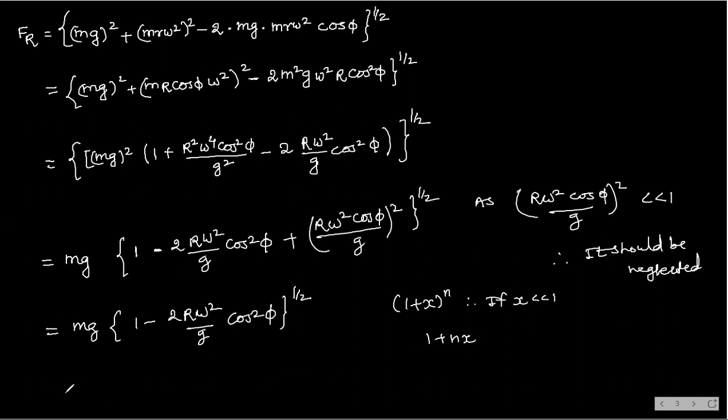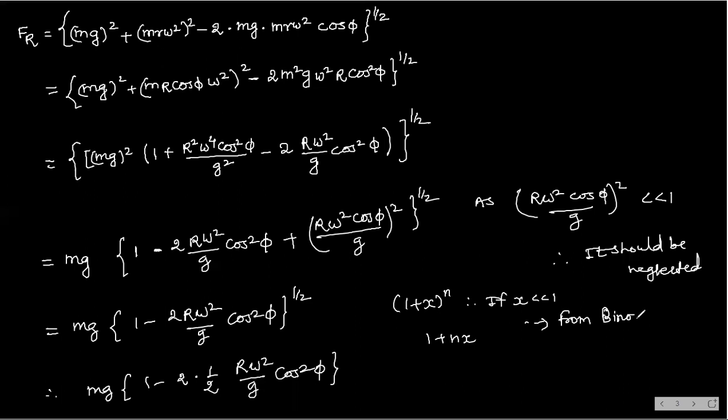And therefore, can I do like this? mg into 1 minus, this is 2 into this power 1 by 2 into r omega square by g cos square phi. Finished. This square root also went from binomial theorem. This also I told, no? Yes or no?